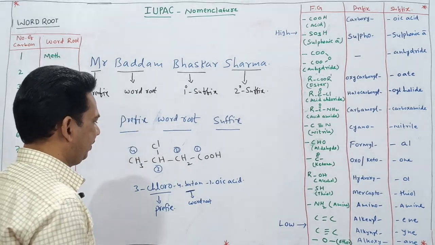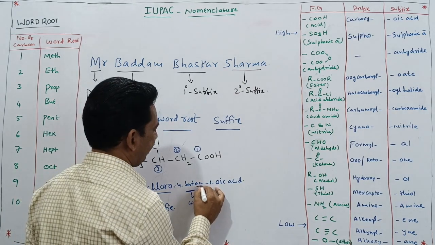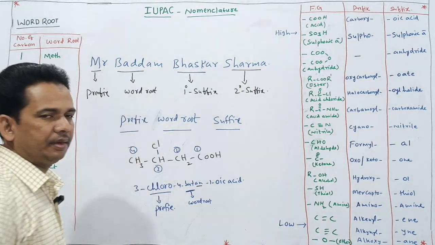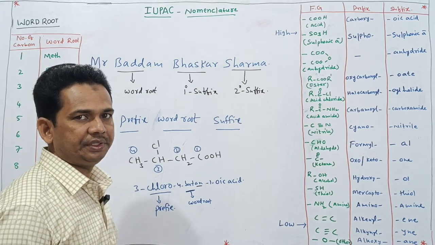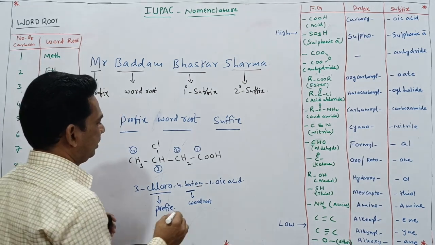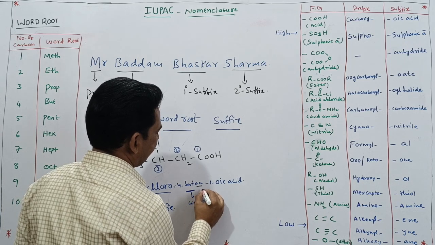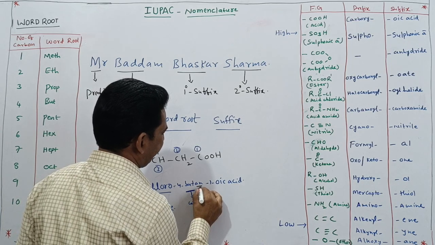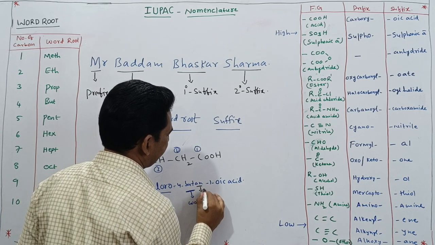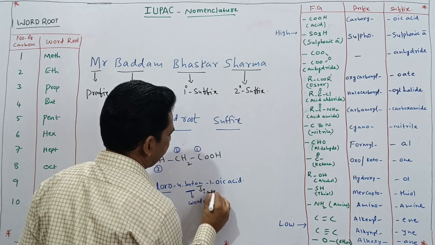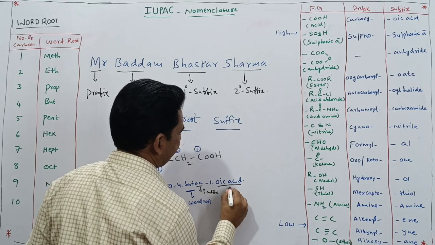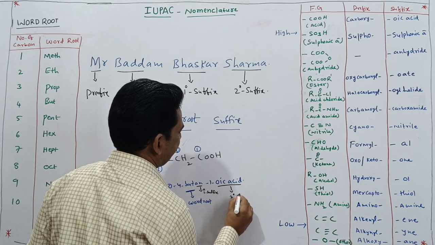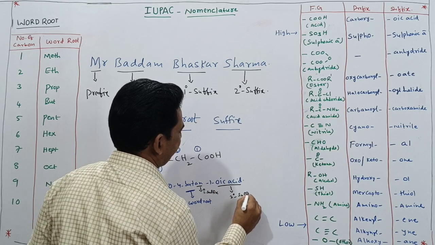Then here you are observing n, which is nothing but the normal chain, it is saturated. This is the primary suffix. This oic acid is the secondary suffix.